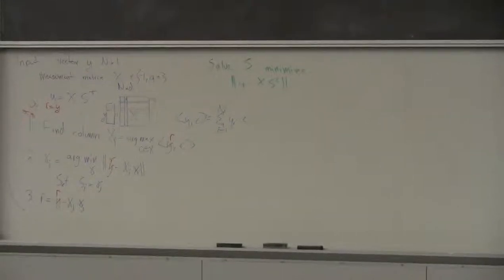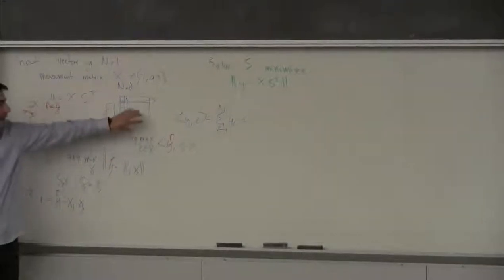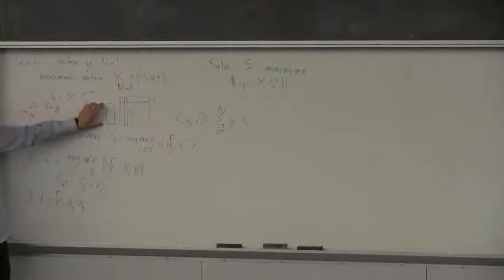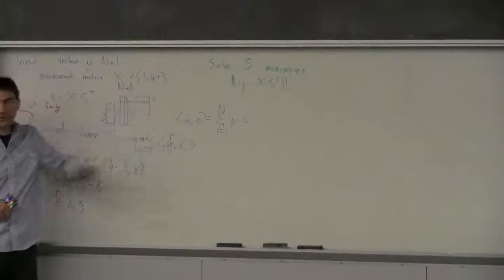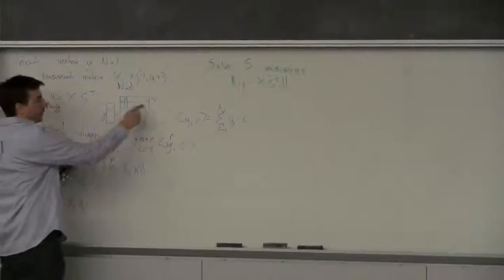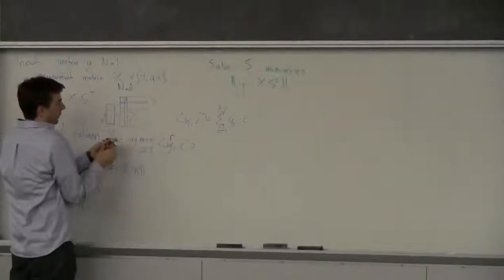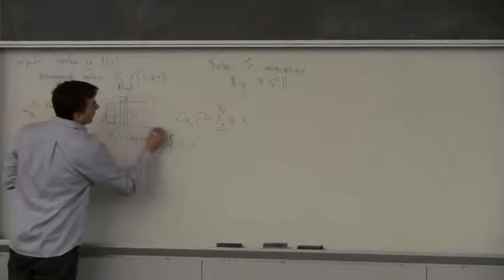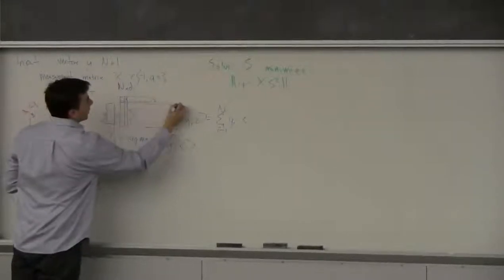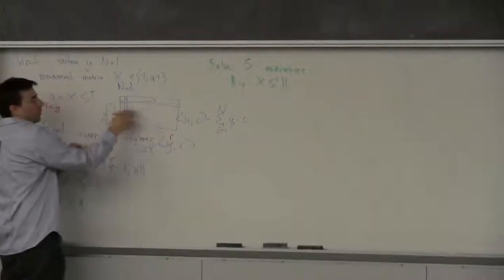So all you're getting out is something about your hardware, which is X, and this short vector Y to recover this long vector S. So this is much shorter than this.